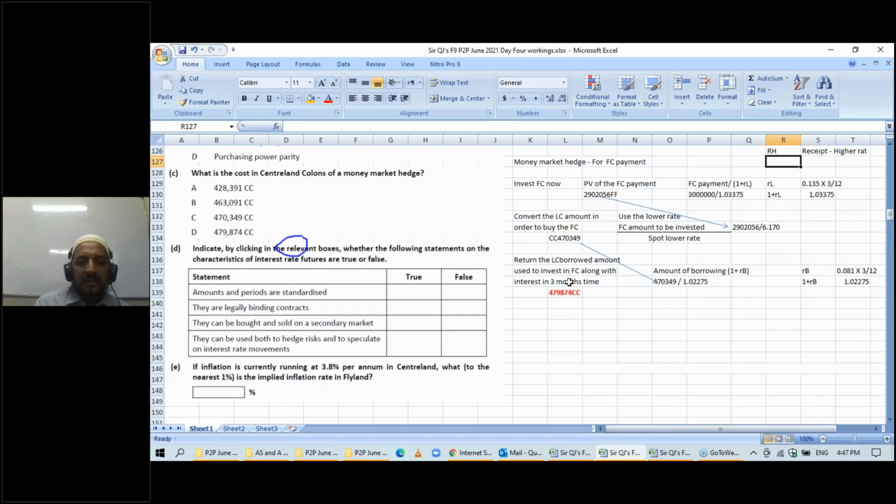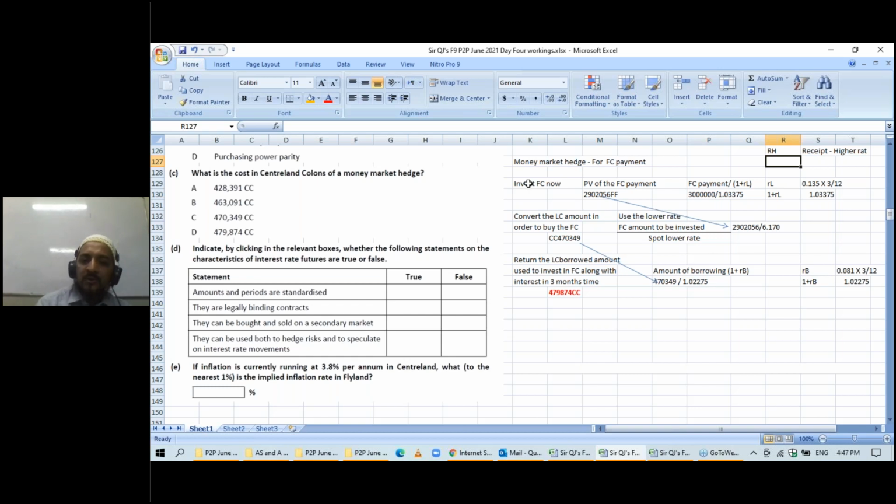So that's the answer to this question. Now let's move on to part D. The question says indicate. It's a request that please learn this strategy. They do ask money market hedge in the exam, so you are going to be tested for at least 2 to 5 marks on the money market hedge. So do learn the strategy which I have given you.